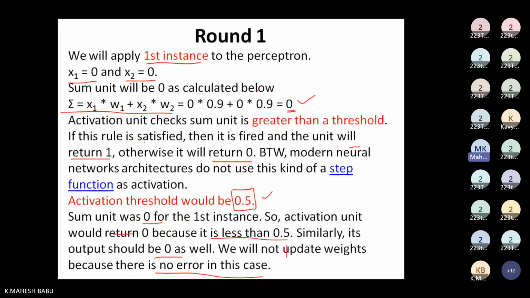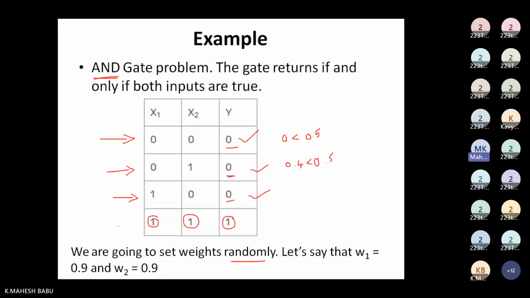Yes or no? In the fourth case, x1 is 1 and x2 is 1. The output should be 1. Here the value generated is 0.8, which is more than 0.5. Based on our condition, if the sum value is more than the threshold value, the system will return 1.